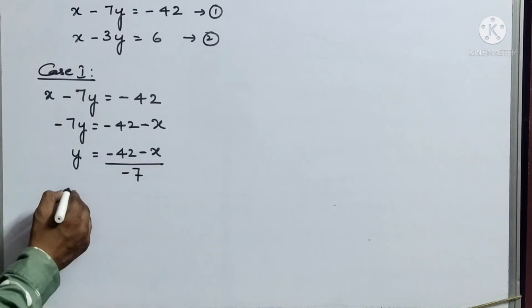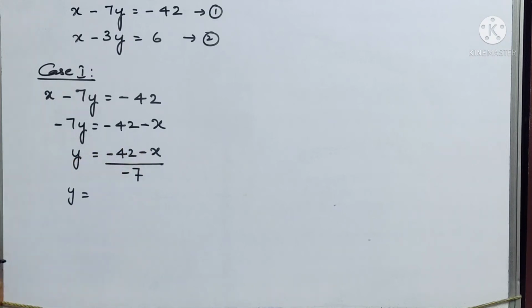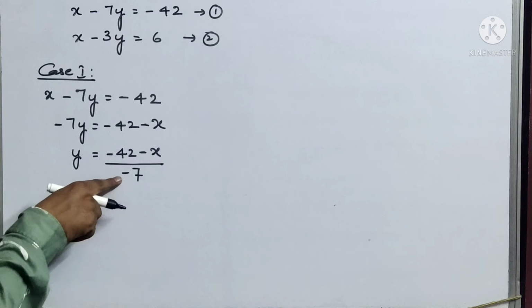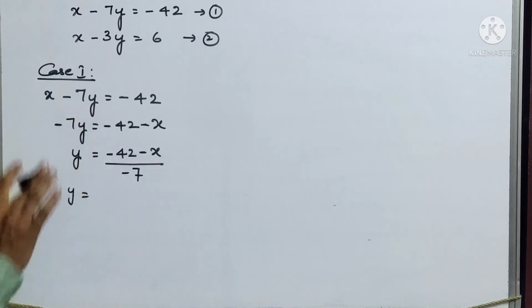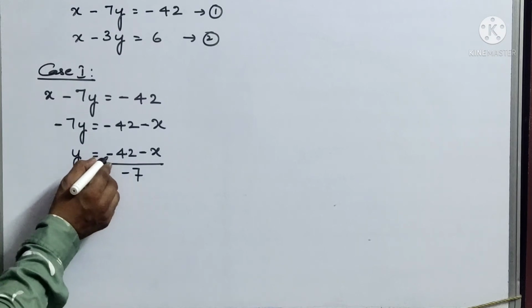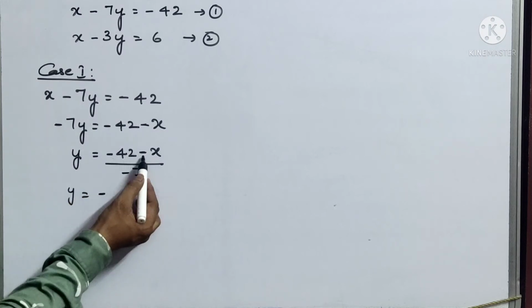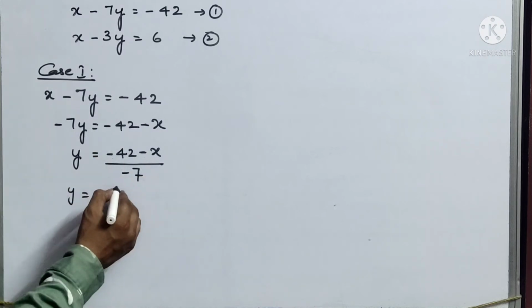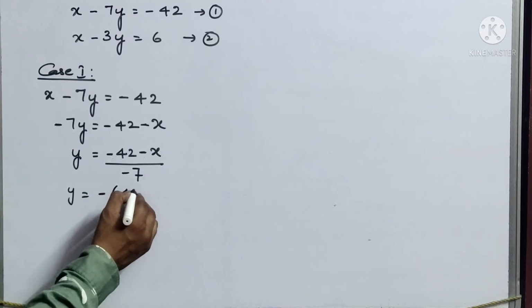Okay. Now you take minus common, because all are looking here minus, and the denominator especially minus. So better make it a positive. How means multiply with minus, or you take in these two minus common, nothing will happen. Here minus 42 minus x. Take minus common. If you take minus common, what will happen, you know? 42.